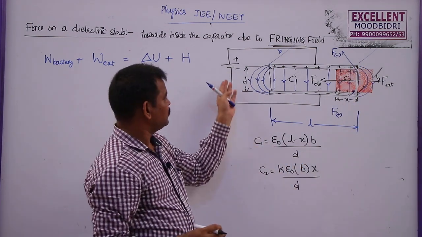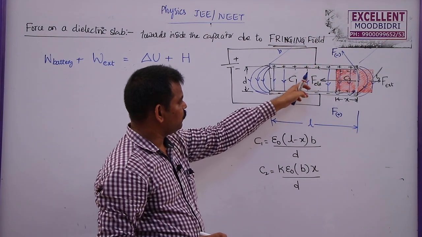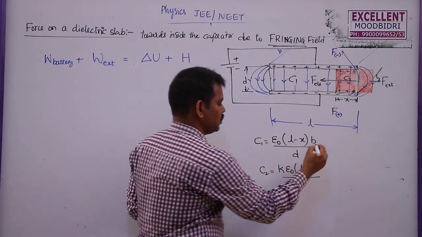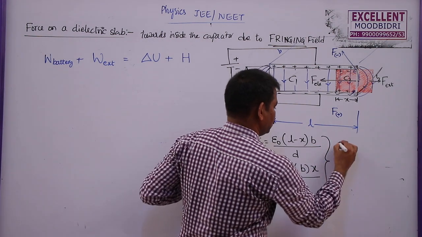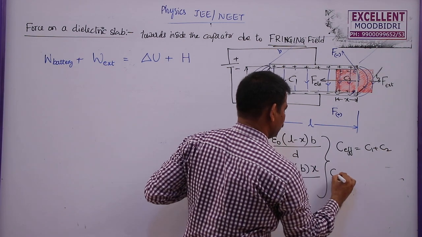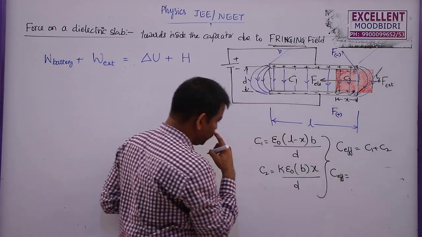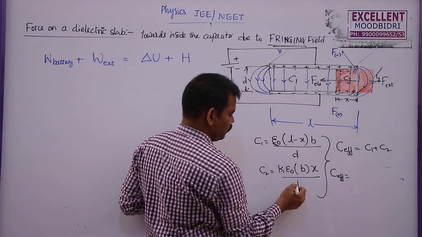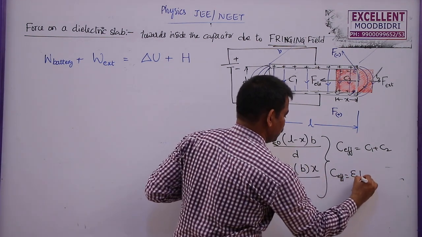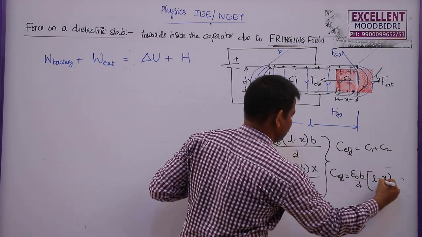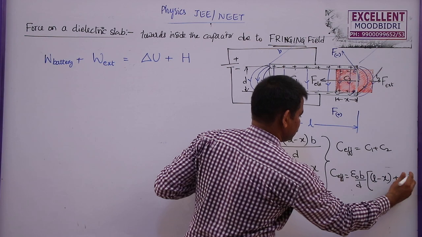But we know that as the battery is connected here, charge will flow through this one as well as this one, so the charge is dividing. So these two are said to be connected in parallel. So the effective capacitance of this combination is given by C1 plus C2. So C effective is equal to epsilon naught B by D common, remaining L minus x plus Kx.